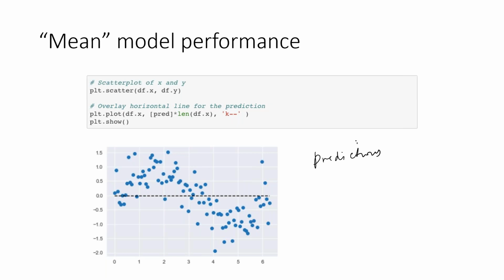If you are a little bit careful, this is actually y. So you can do that PRED, which is minus 0.017, times the length of your df.x. That is your y-axis. So instead of that, I am putting a calculation in the argument for y.